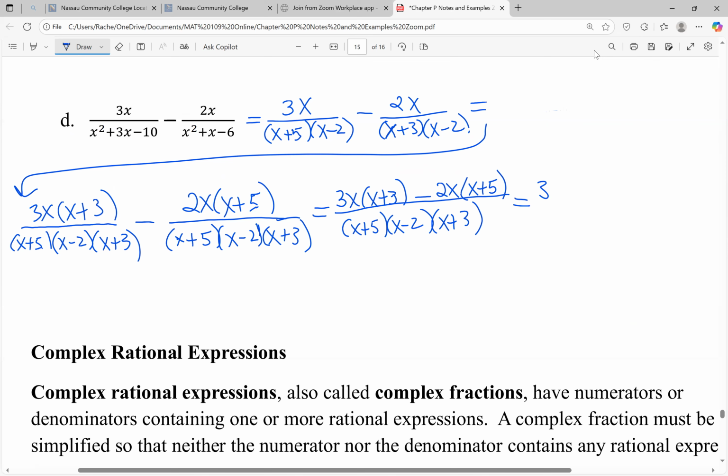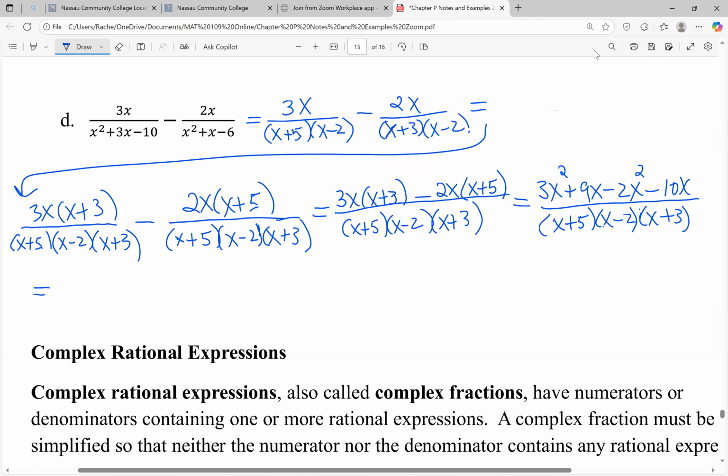So we're going to get 3x squared plus 9x minus 2x squared minus 10x over x plus 5 times x minus 2 times x plus 3. I'll continue on the next row.